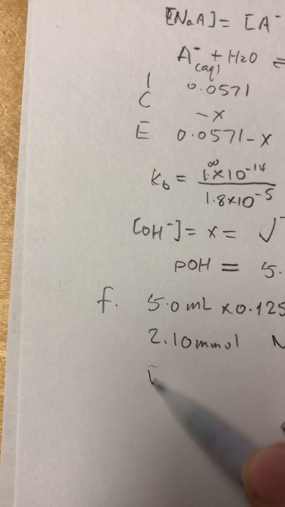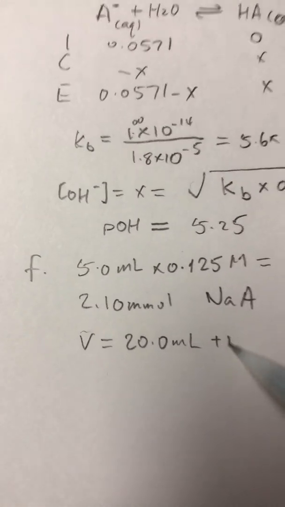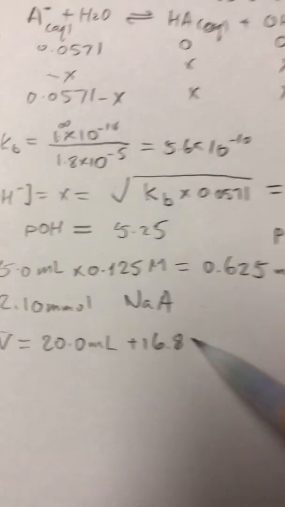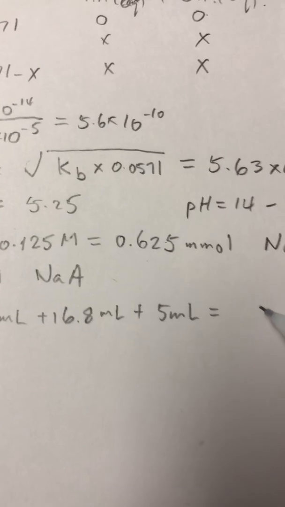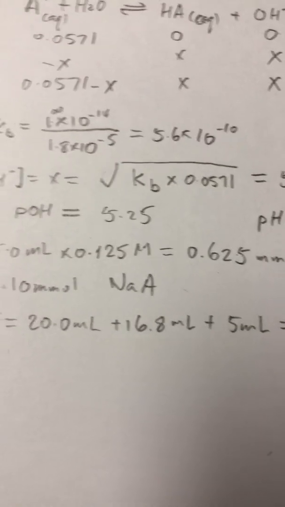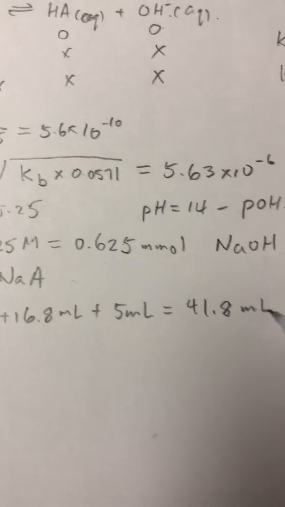What's the total volume? Well, you start from 20, you add the equivalence volume 16.8, then you have another 5 milliliters. What's the total? Okay, just do this by heart. 41.8 milliliters.